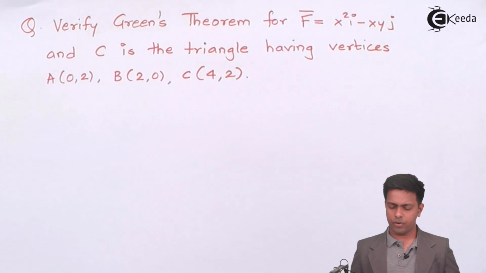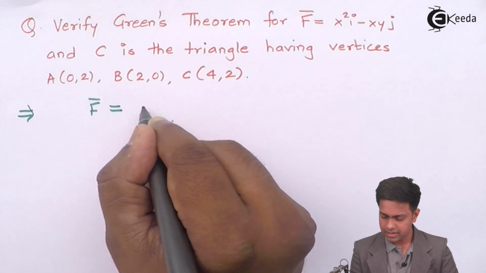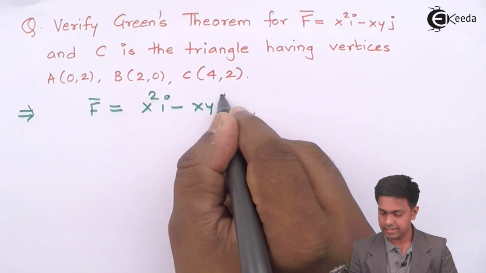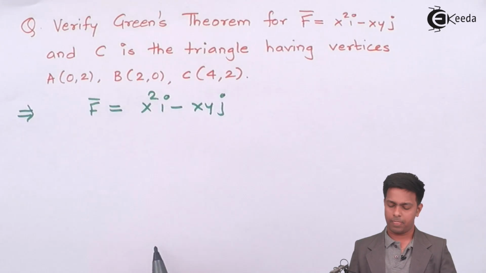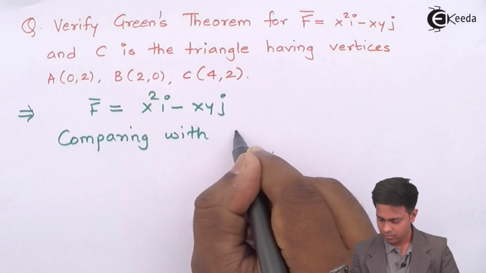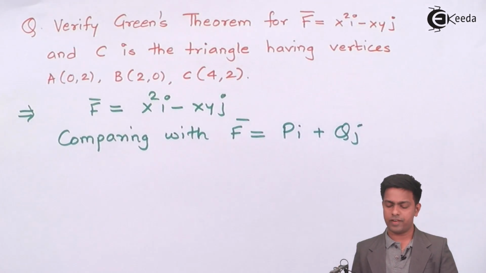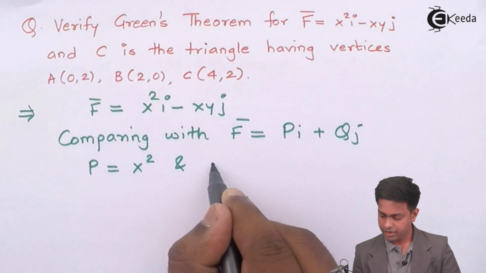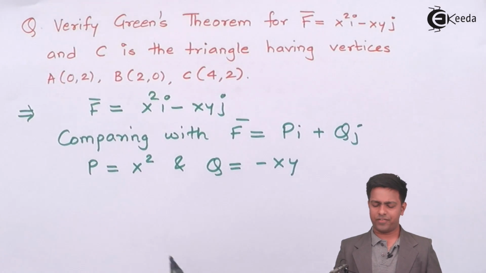So f bar is given as x square i minus xy j. Comparing with that f bar, we get p equal to x square and q equal to negative xy.